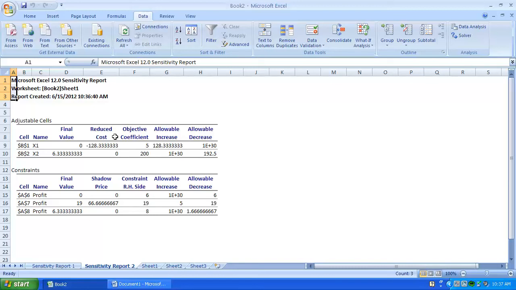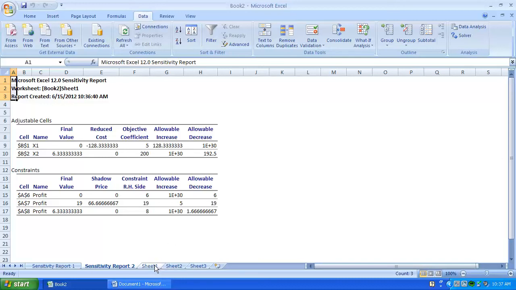Essentially what that is telling us is that the profit per unit of X1 would have to go up by 128 and a third dollars before this final value would be anything other than 0. So if we raise it 128, this is still going to be a 0. If we raise this by 129, the coefficient that is, it's going to be something other than 0.